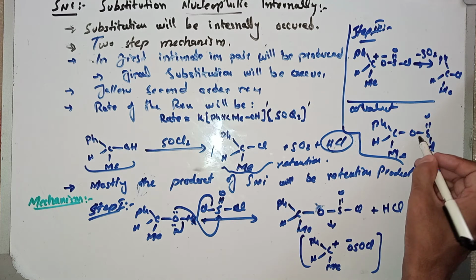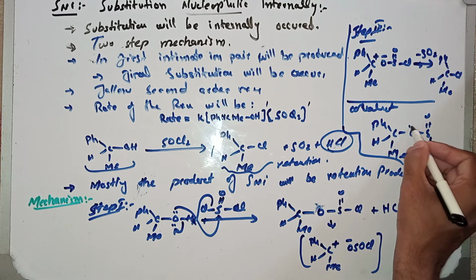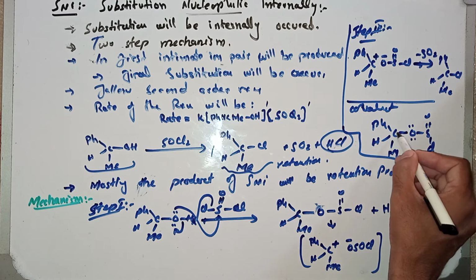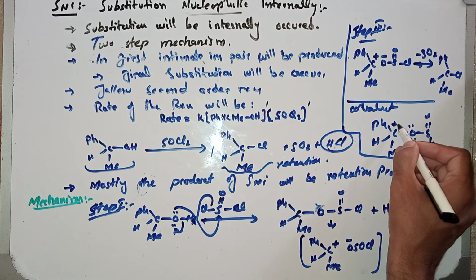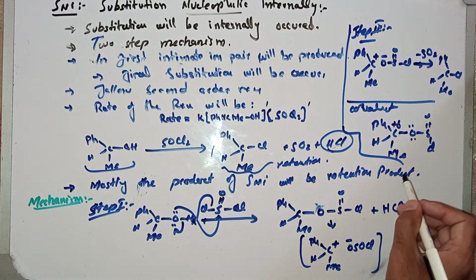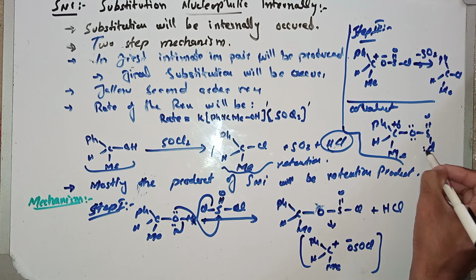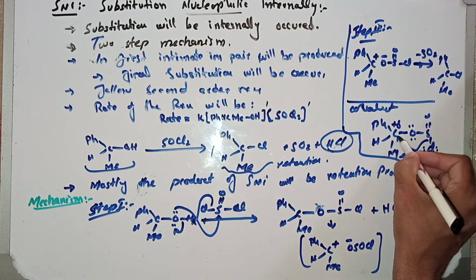So here in this case, this oxygen is electronegative, so it withdraws the electron from this bond. That's why the carbon becomes polarized and electron deficient, so it will act as an electrophile. The bond between sulfur and chlorine will attack on this carbon.